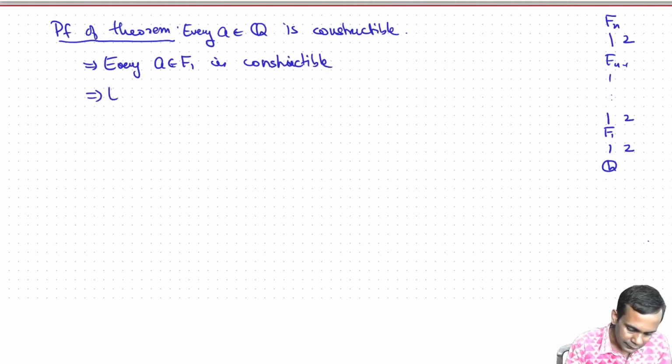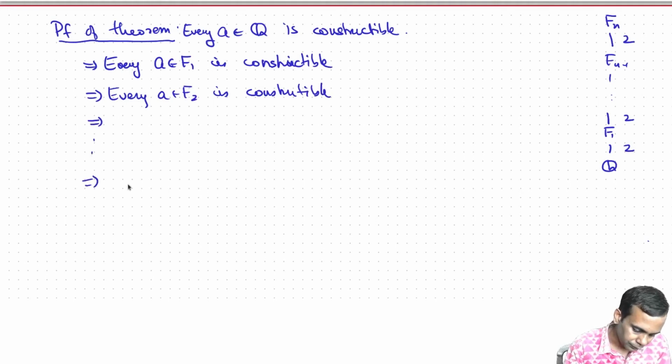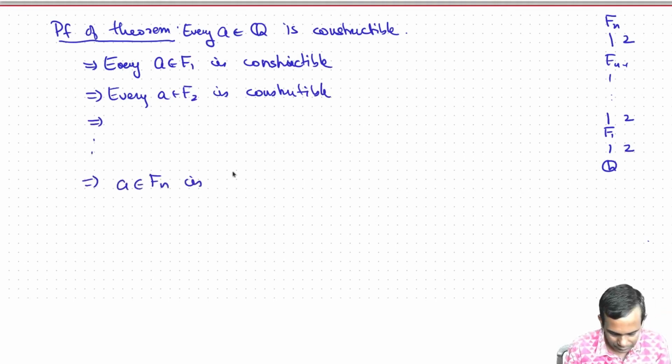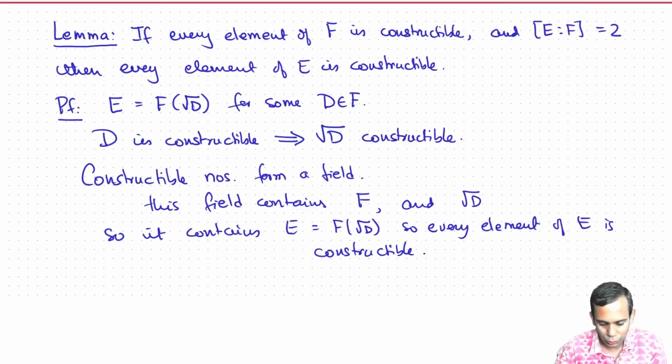And that implies that every A in F2 is constructible, again applying that lemma, and so on, which means that every A in Fn is constructible. So you apply this lemma n times to show that every element of Fn is constructible.